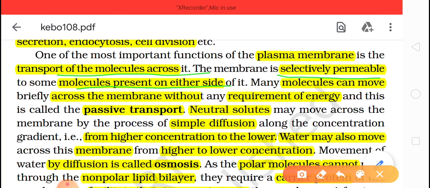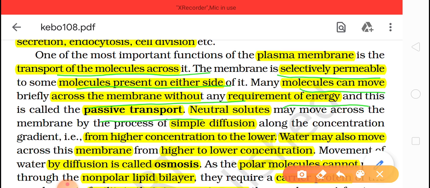Selectively permeable means it can allow only some. Many molecules can move freely across the membrane without any requirement of energy, and this is called passive transport. Two types of transport take place in the membrane: active transport and passive transport.